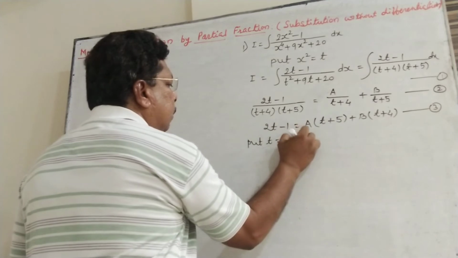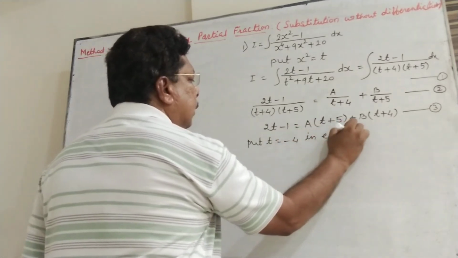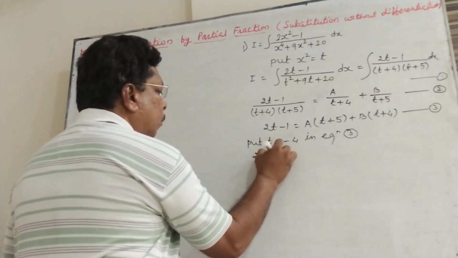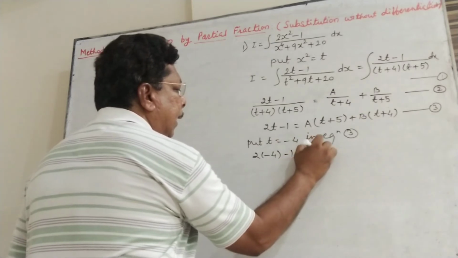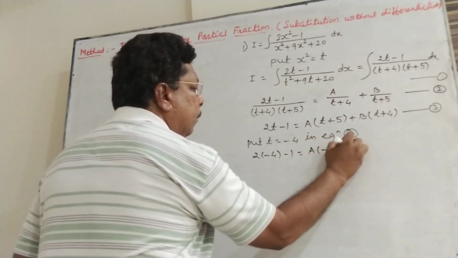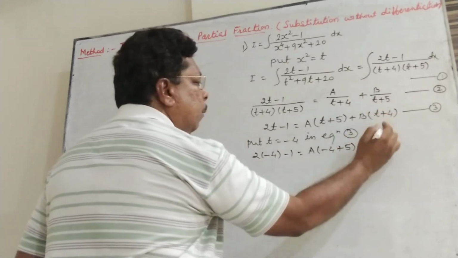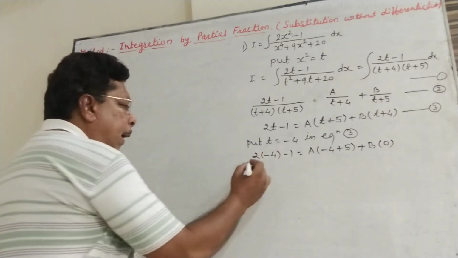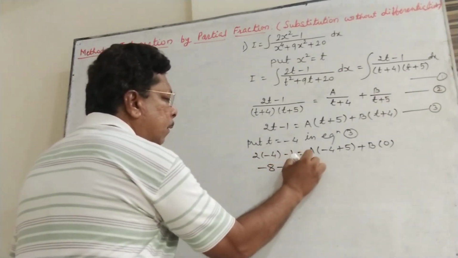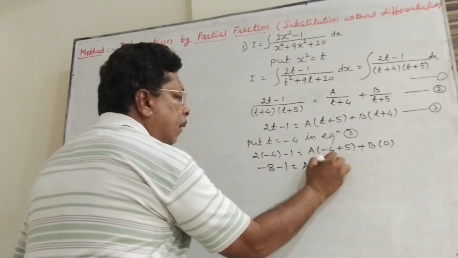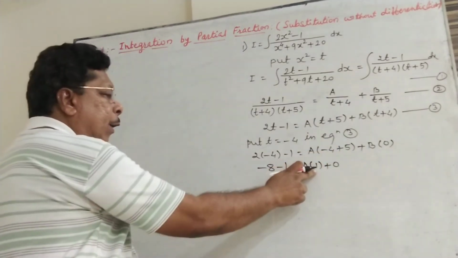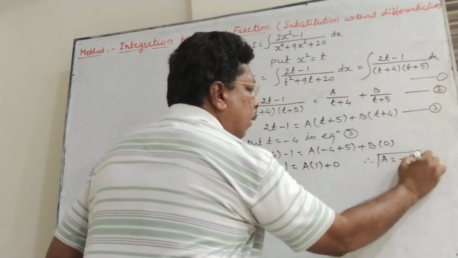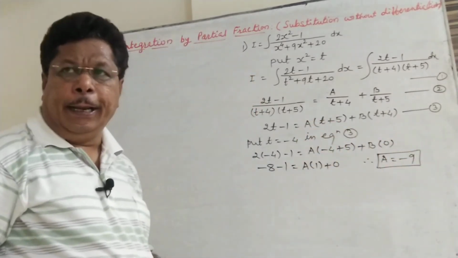Equation 3 becomes 2 into minus 4 minus 1, a into (minus 4 plus 5) plus b into (minus 4 plus 4), which is 0. 2 into minus 4 is minus 8 minus 1, a into 1, b into 0 is 0. So a into 1 is a equal to minus 9. You get the first partial fraction constant a.